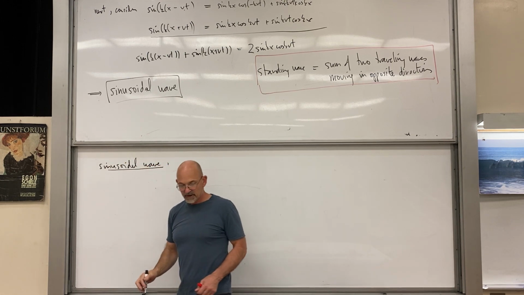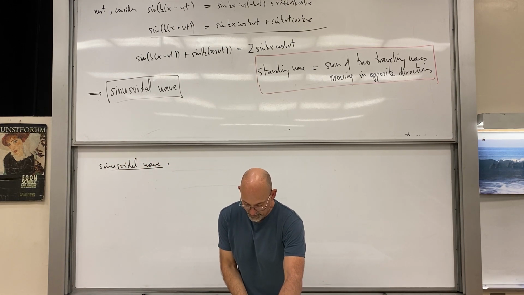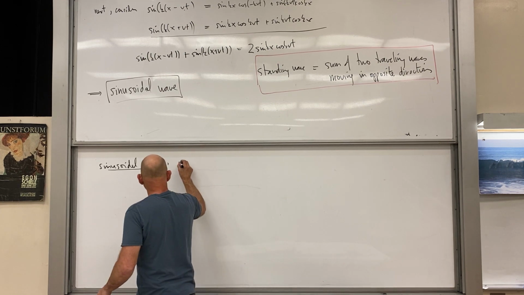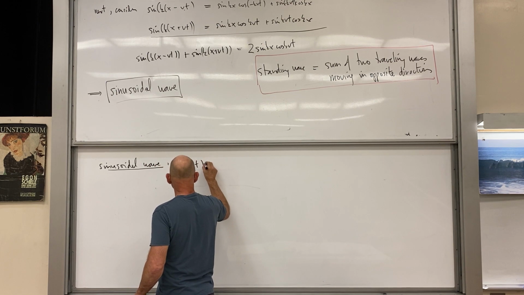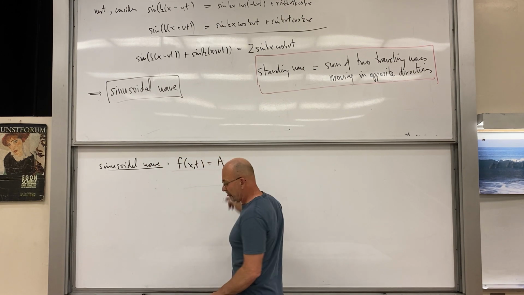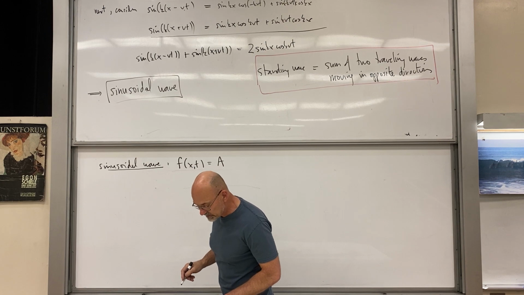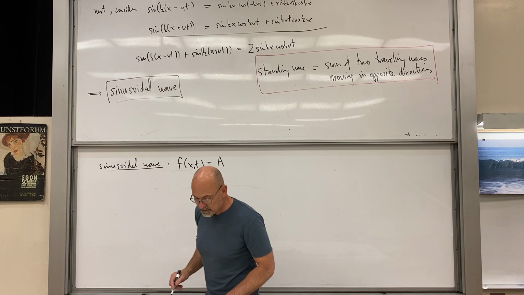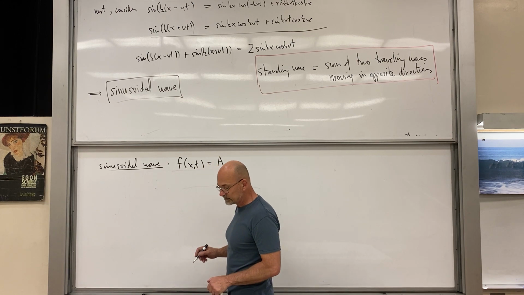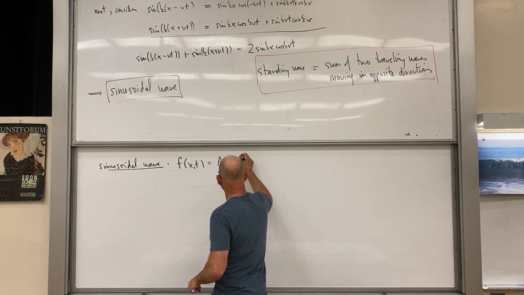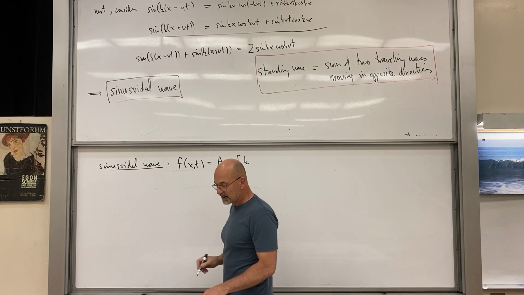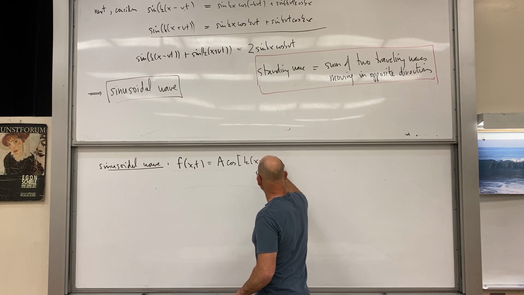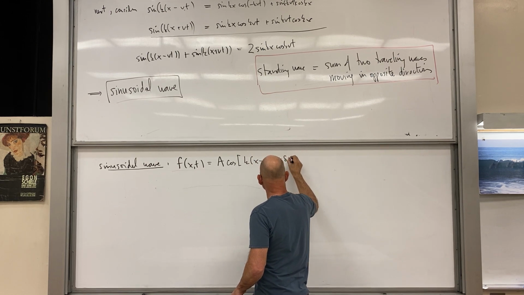And I'll give the general expression for that. We're going to just write f of x and t, some constant, use the cosine, of k(x minus vt plus delta).